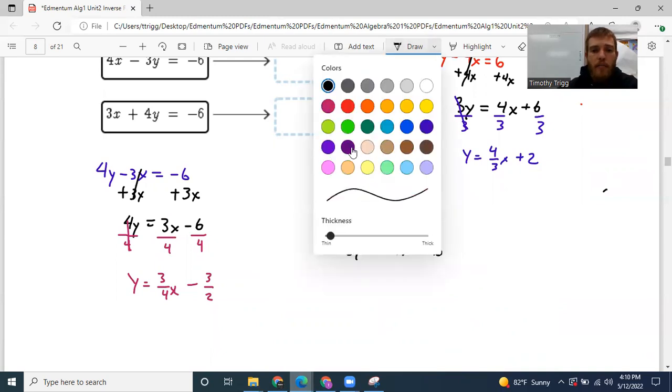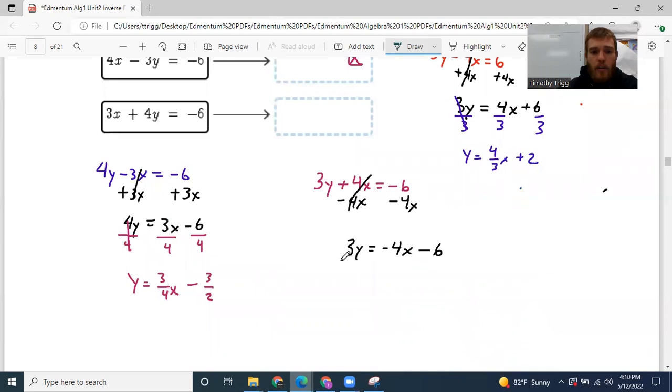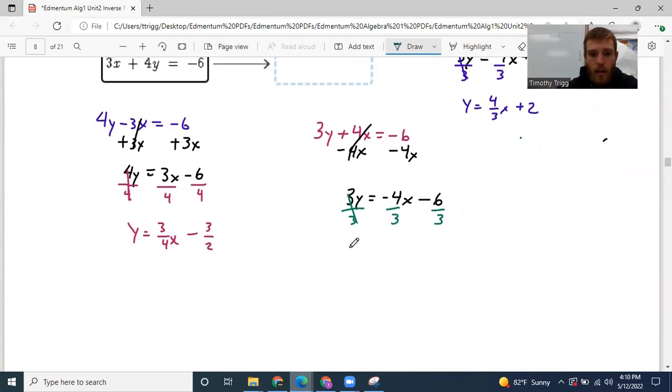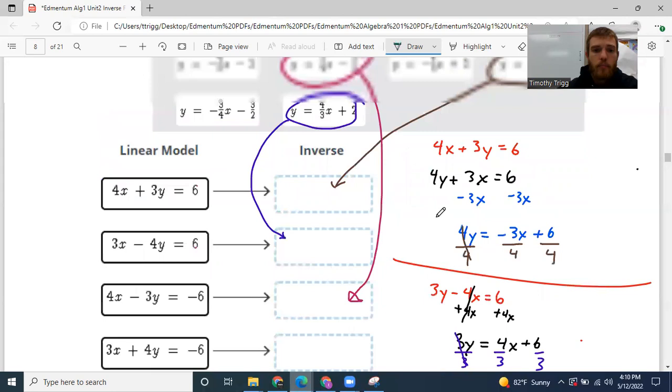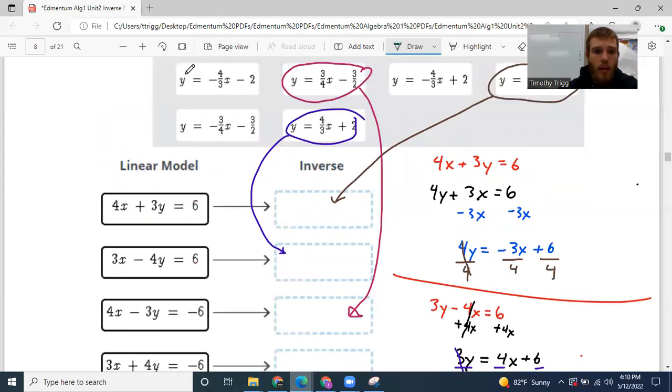To get y by itself, we're going to divide by 3 on both sides of the equation, giving us that y is negative 4/3 x minus 2. Negative 4/3 x minus 2.